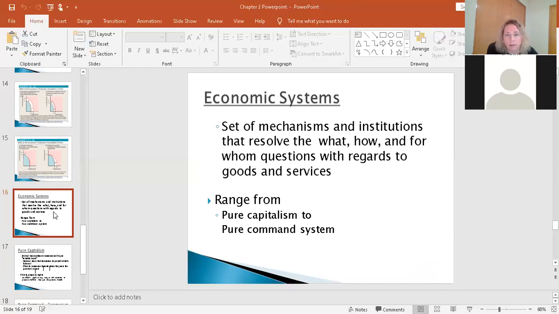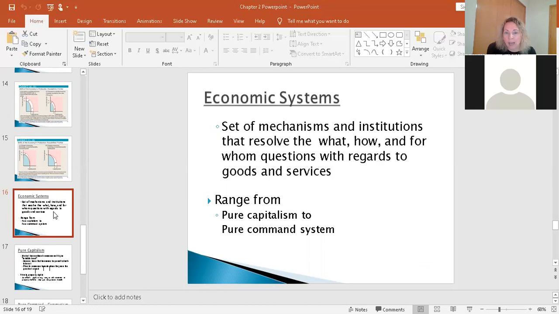This varies greatly from system to system. But the way that we look at this is on a spectrum. If we put pure capitalism on one end of the spectrum and pure command, which we also refer to as communism, on the other end, every economy lies somewhere in between.